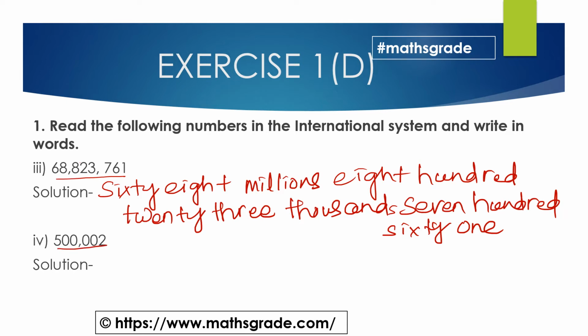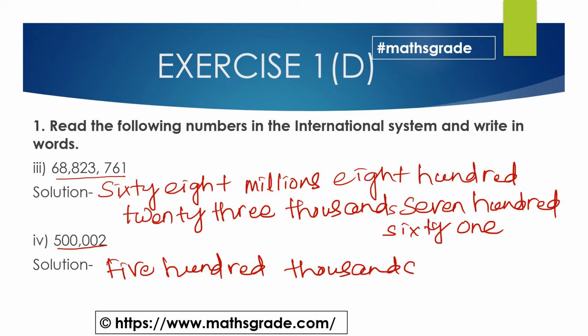This is thousands place and this is hundreds place. So this will be 500 thousand 2. This is the International System of Numeration in word form.